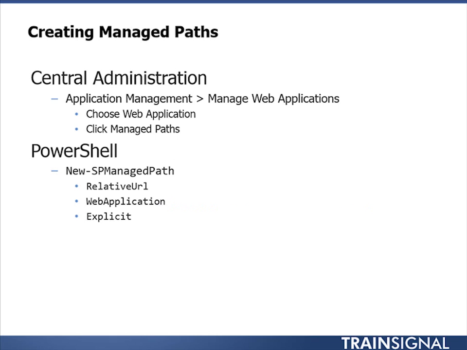Now to create a managed path, as always, we've got two options: central administration and PowerShell. In central administration, this is going to be done by going to Application Management, Manage Web Applications, choosing the web application, clicking on Manage Paths, and then making the appropriate modifications inside of there.